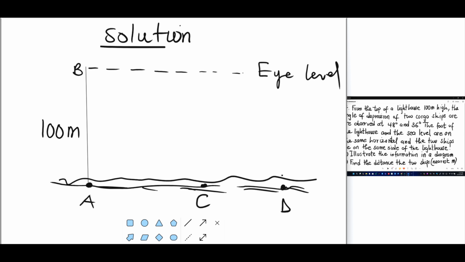Before the person can observe this ship, the person has to turn his or her eye in a particular direction to get the exact angle that will enable him or her to observe the cargo ship at point C. So we are going to get our angle of depression by connecting point B to point C. Let me do that.